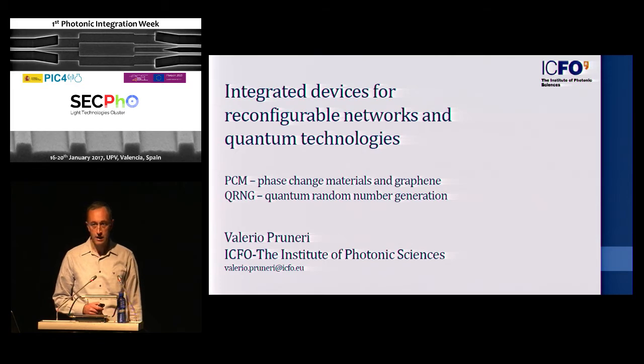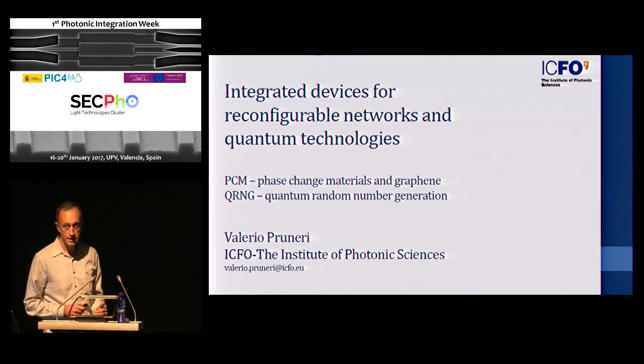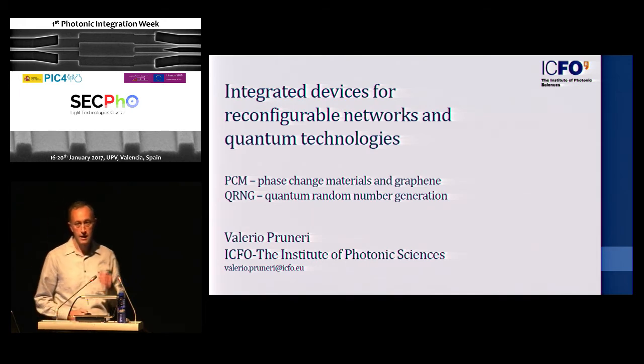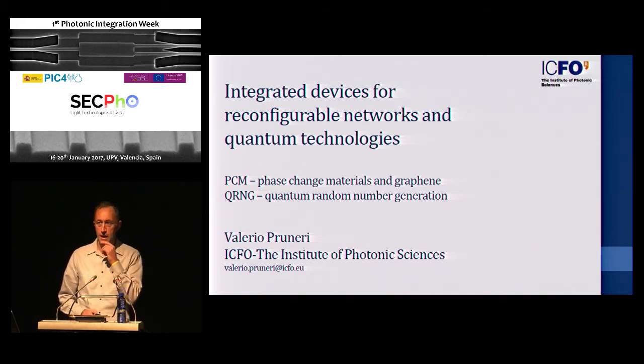And in my talk, basically I'm going to talk about two new materials which are not new. Maybe one is newer than the other. And let's say the newest one is graphene. And then there are materials that can be used in optics, which are phase change materials, which people have mainly used in electronics for memories, right?